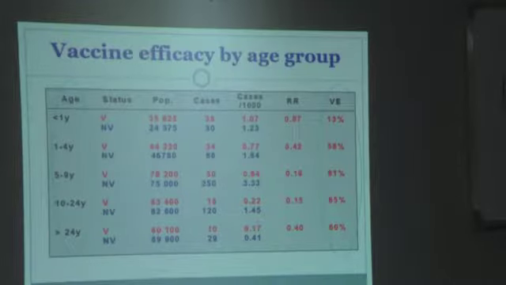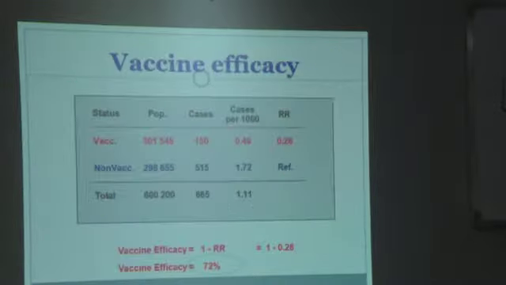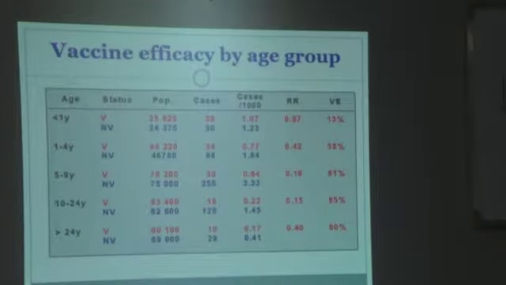In other words, the effect of the vaccine on preventing measles depends on the age of the people in that population. The effect can no longer be stated as 72%, it cannot be averaged as 72%. It can only be shown that there are 5 different effects.